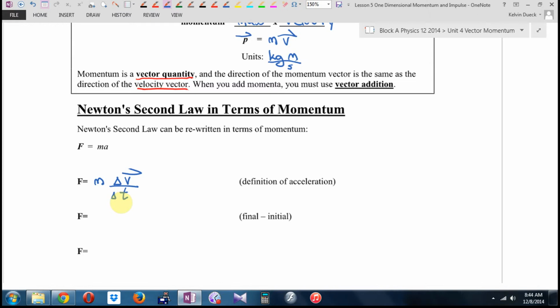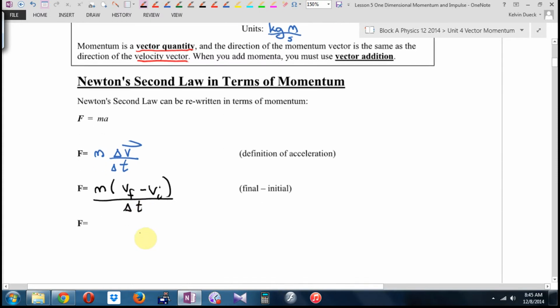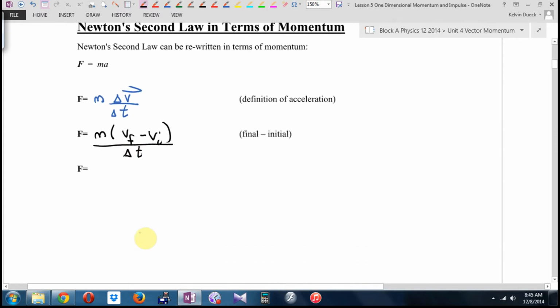I can actually rewrite this as m times v final minus v initial, all over delta t, change in time. I can distribute the mass and get m v final minus m v initial all over change in time.